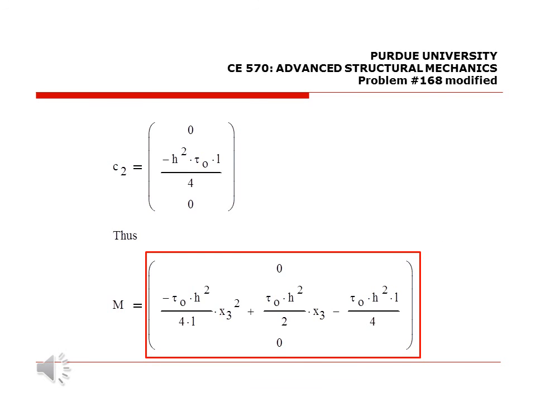We find the constant vector C2 as follows: 0 in E1, minus h squared tau naught L over 4 in E2, and 0 in E3. Thus, the expression for M is as follows.